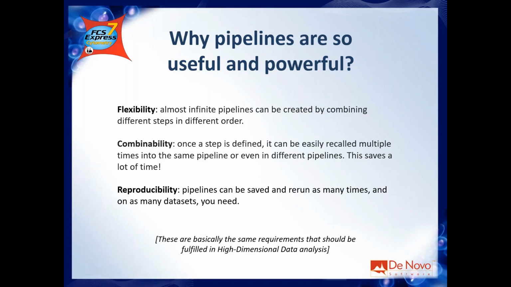Let's say downsampling. Since pipelines can be combined, you don't need to recreate, recode, or redevelop the same step every time. You just do it once and then you recall it in the pipeline at any step you want, and you can also recall it in multiple pipelines.